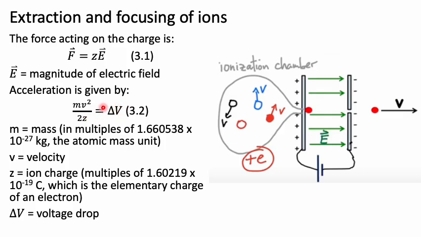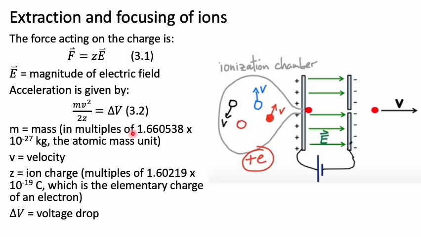The reason I rewrote it this way, and you'll see this reorganized in different ways in different books, is that this delta V is something that we apply. So we apply a voltage difference in our instrument to extract it. And that allows us, for a certain mass and a certain charge, to have a certain velocity of ions coming out.